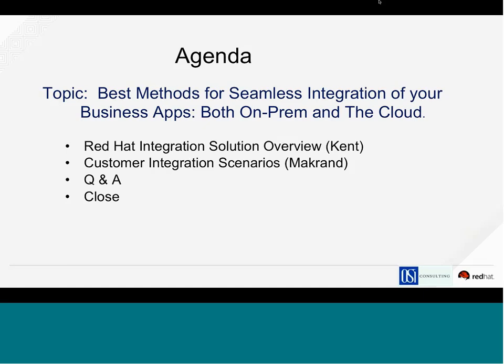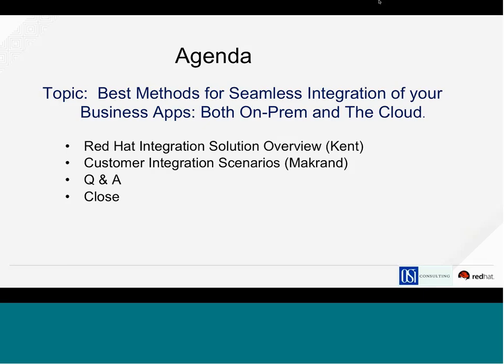So in this webinar, Kent specifically will review how to leverage integration tools such as Red Hat JBoss Fuse, which is a lightweight, flexible integration platform that enables rapid integration across your enterprise. It creates a highly scalable and robust integration platform that will adapt to your organization's ever-evolving application ecosystem.